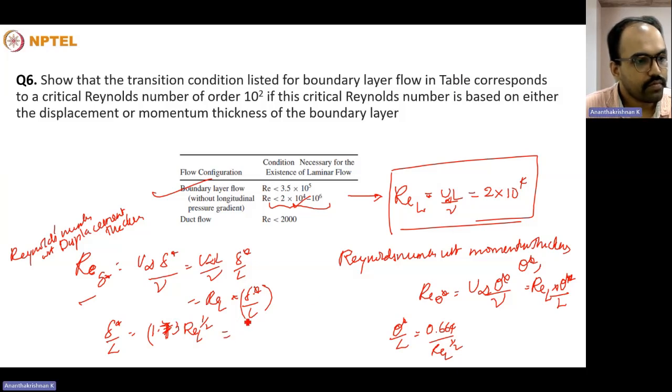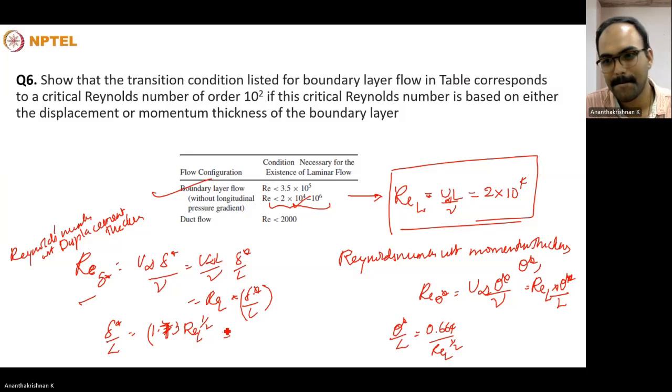So substituting the value of Re_L, you get Re_L raised to minus 1 by 2, and this is fine.